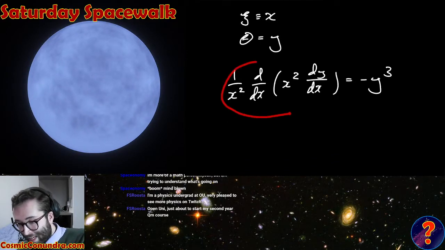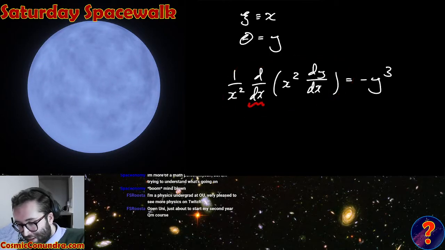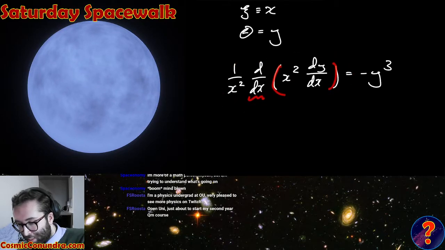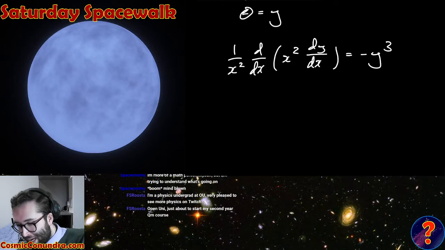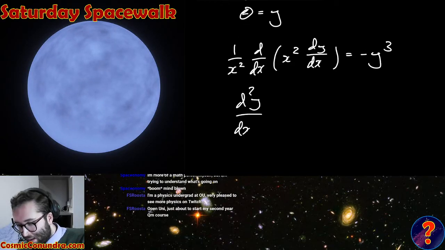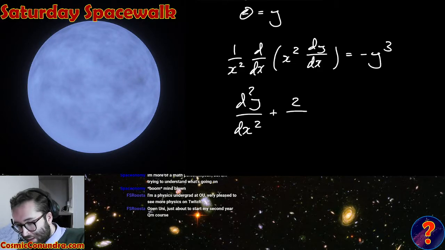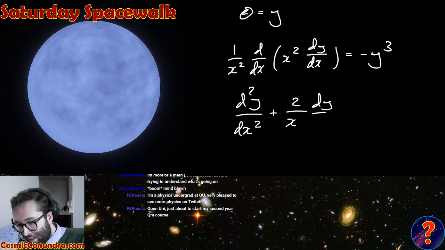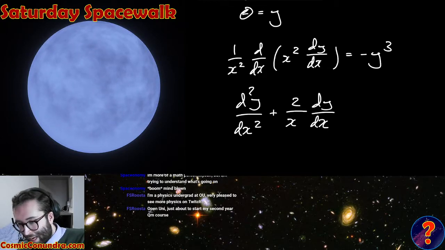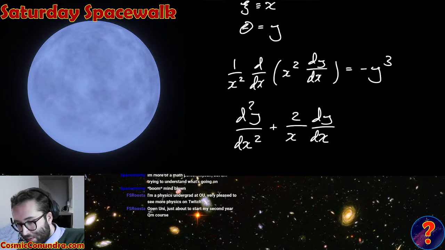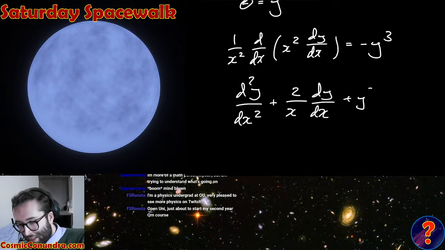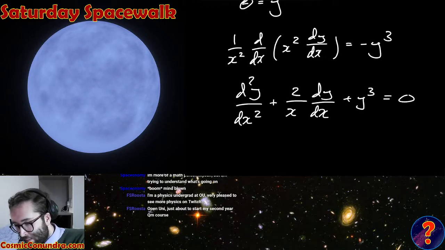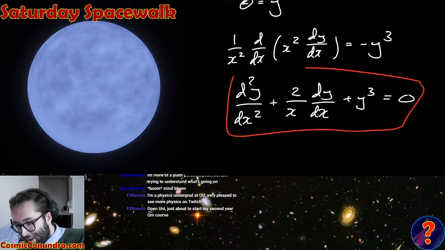So if I expand now this left-hand side, if I do this derivative on this bracket, what I actually end up with is a second derivative of y with respect to x plus 2 over x dy/dx, and now I'll bring the minus y cubed over to the left-hand side, plus y cubed is equal to 0. So this is the differential equation I want to solve.